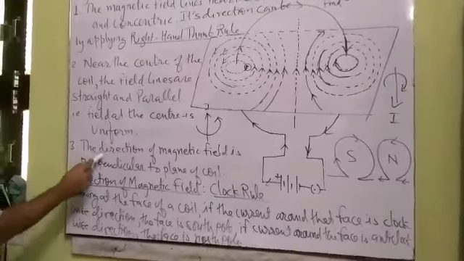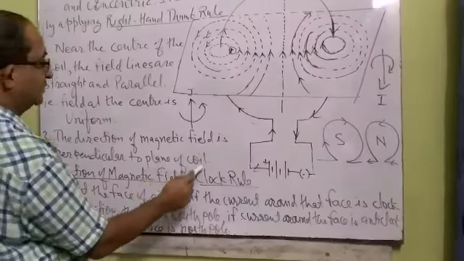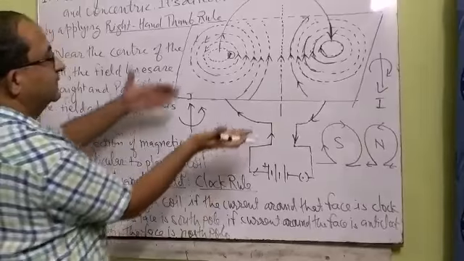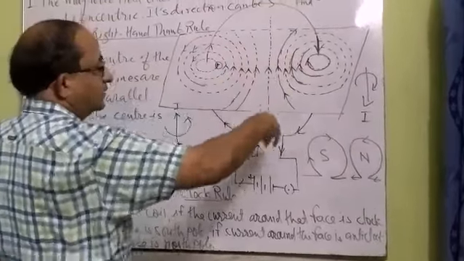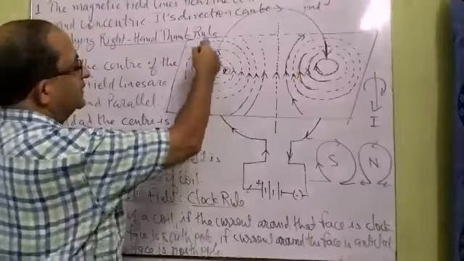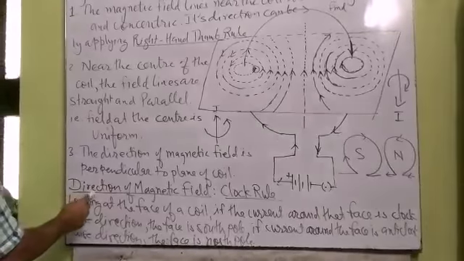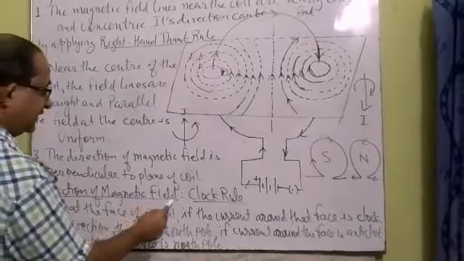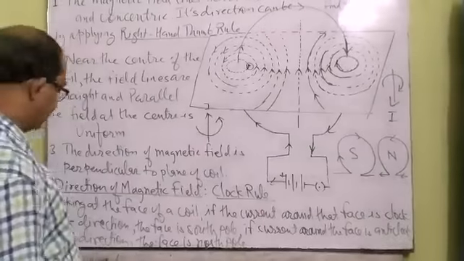Now the third point is that the direction of the magnetic field is perpendicular to the plane of the coil. The plane of the coil is vertical, whereas the magnetic field lines form on the horizontal plane. The direction of the magnetic field can also be found by the clock rule.